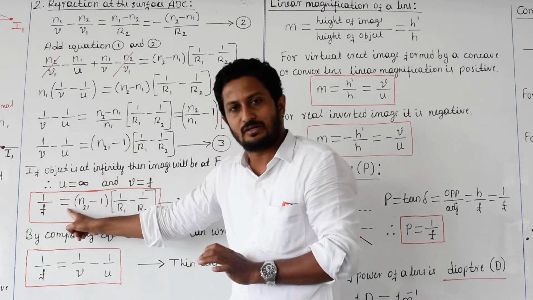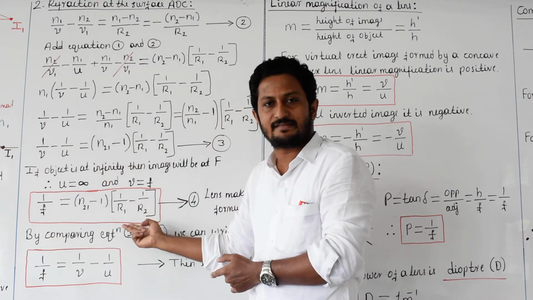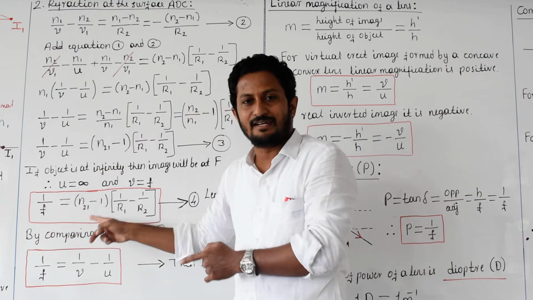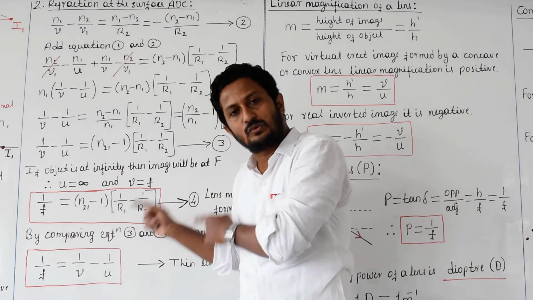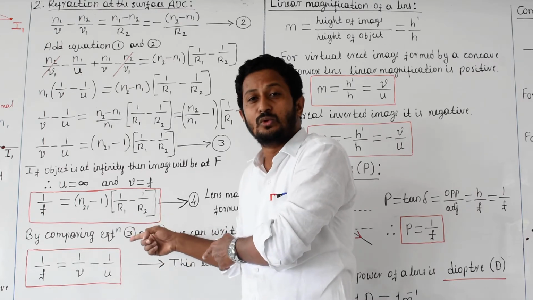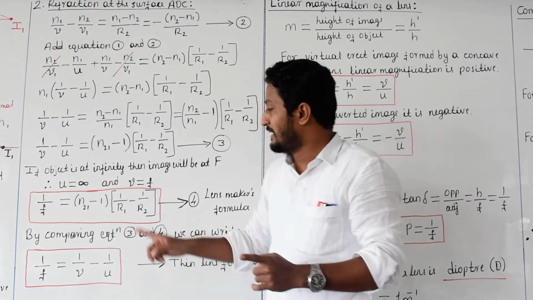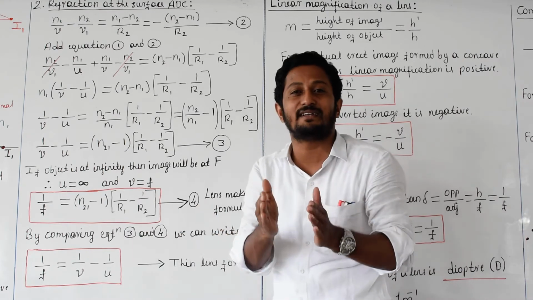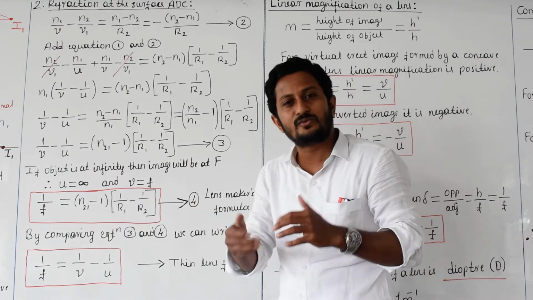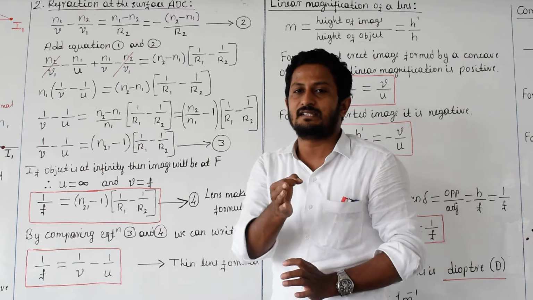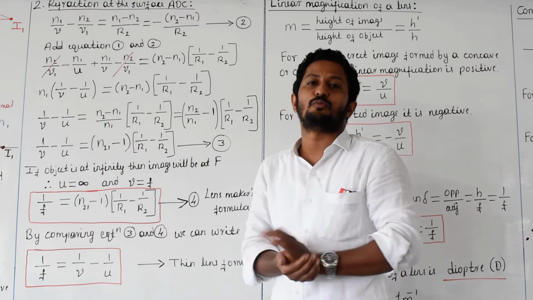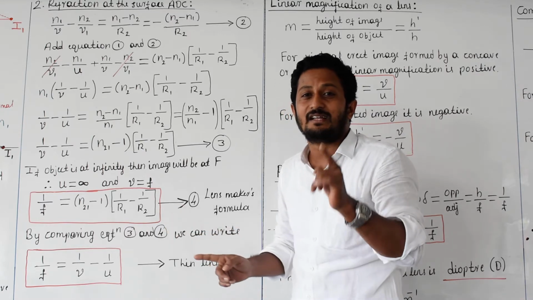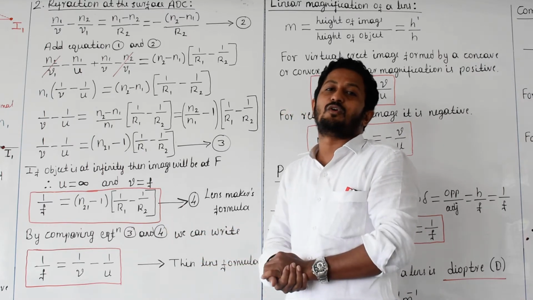That is equal to, this remains the same, (n21 minus 1) into (1 by r1 minus 1 by r2). This is our final expression, which we call the lens maker's formula.